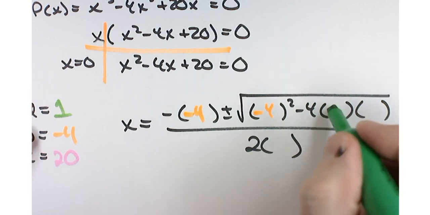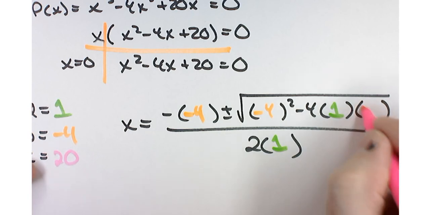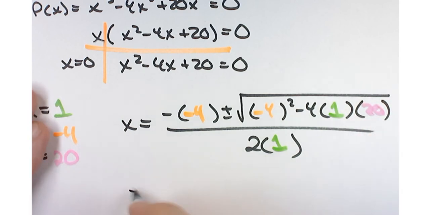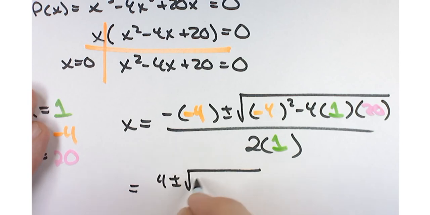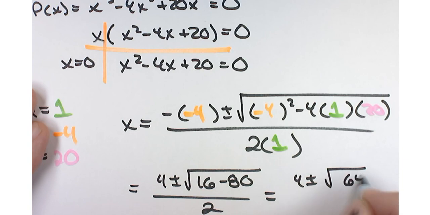I've got a 1 here and a 1 here. And finally, a 20 here. So 4 plus or minus the square root of 16 minus 80, over 2. And here's another place where I see some perhaps wishful thinking.